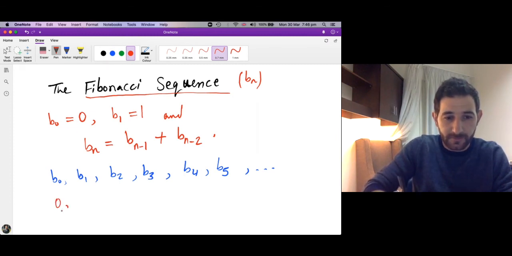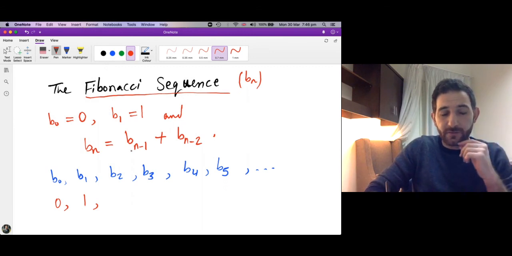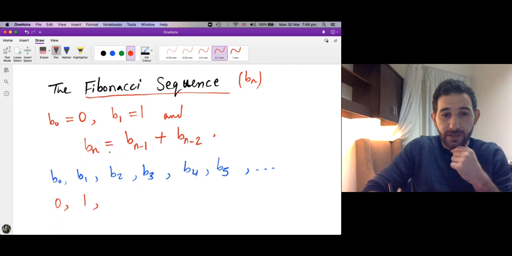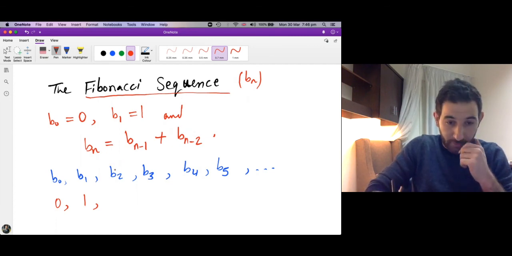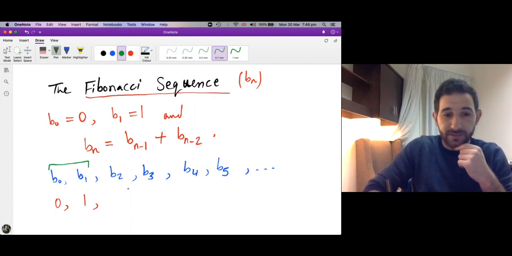B0 is 0. What's B1? It's 1. What's B2? For B2, we will use this formula, which is the recurrence formula. B2 is B1 plus B0. So to obtain B2, all we have to do is sum the previous two elements. Okay, so what is 0 plus 1? It is 1. So this is B2.